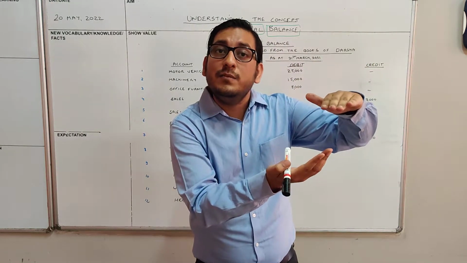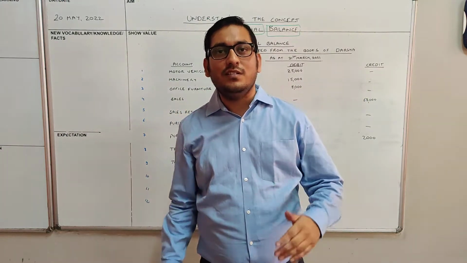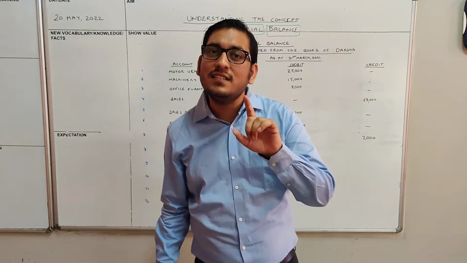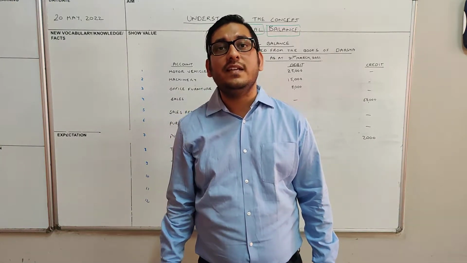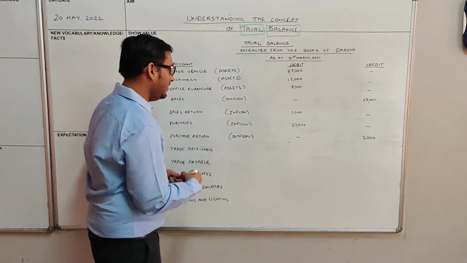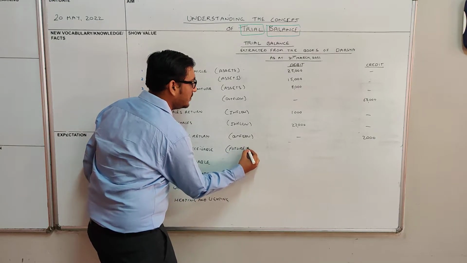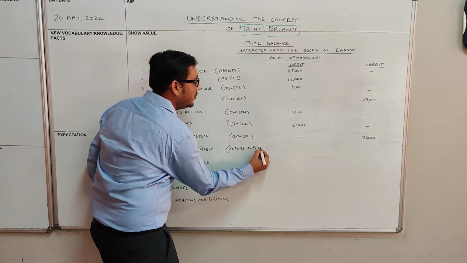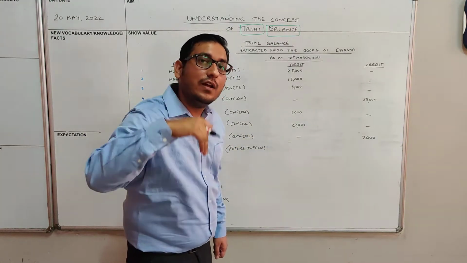There will be an inflow of resources, and as per the real account rule, an inflow of resources will always be a debit balance. The trade receivable will always have a debit balance. So the trade receivable is a future inflow. It is called a future inflow. It has not come yet, it is going to come.